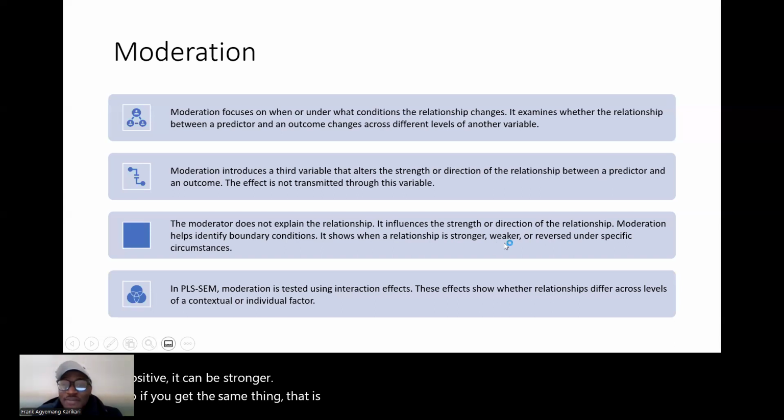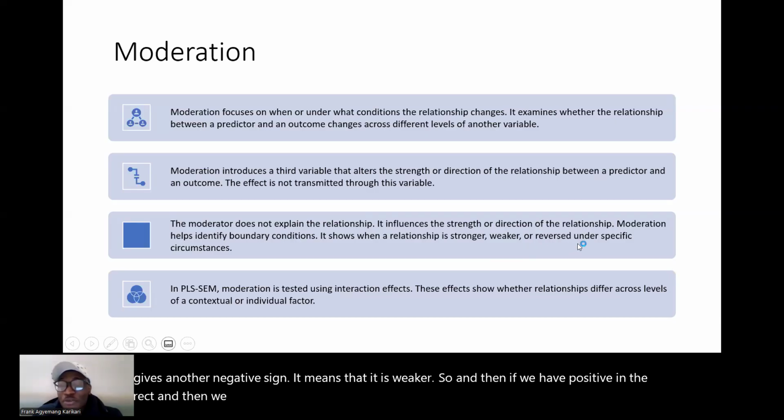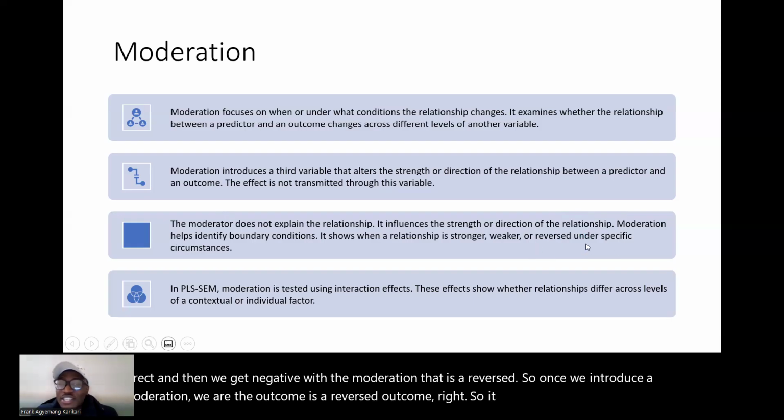If it is negative and the moderation gives another negative sign, it means that it is weaker. And if we have positive in the direct and then you get negative with the moderation, that is a reversal. So once we introduce a moderation, the outcome is a reversed outcome, right? So it reverses the circumstances.